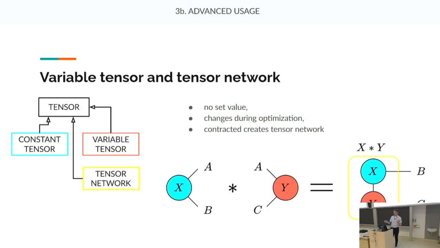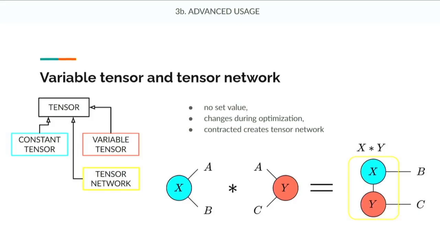And when you contract such a tensor with a constant tensor, let's say, then you can't get a new constant tensor because it doesn't have any value, so you need to get an expression, namely the tensor network here. Okay, and this tensor network, to other tensors from the outside, looks just like any other tensor, which has some legs, shape, and so on, but it has some internal structure.